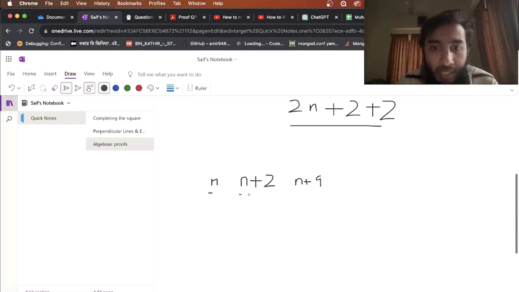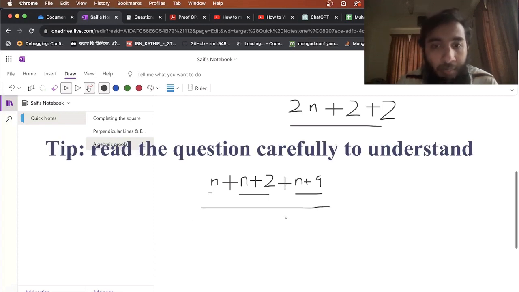These three are three consecutive even numbers. So if I sum these three, we have to show that this is a multiple of 6.